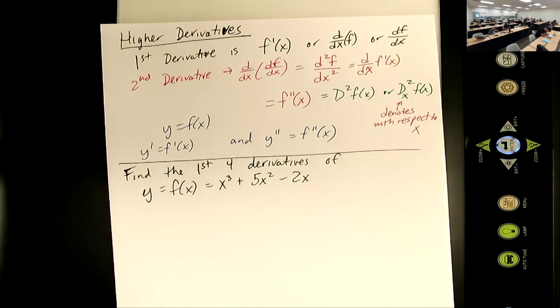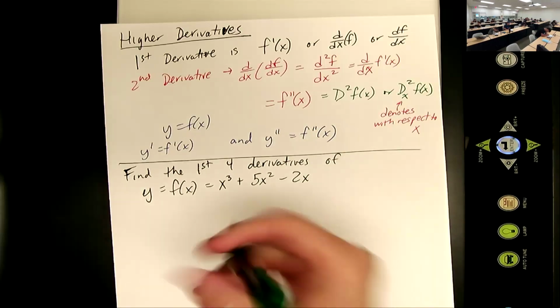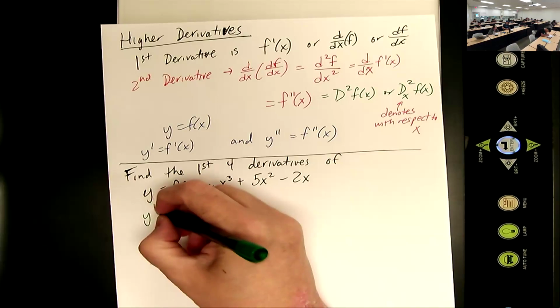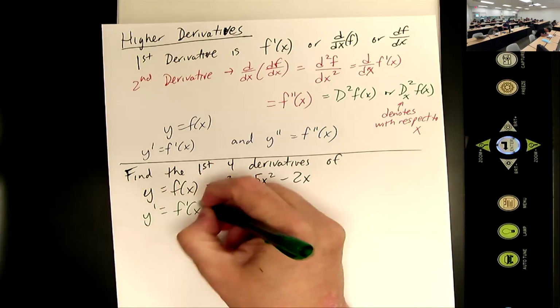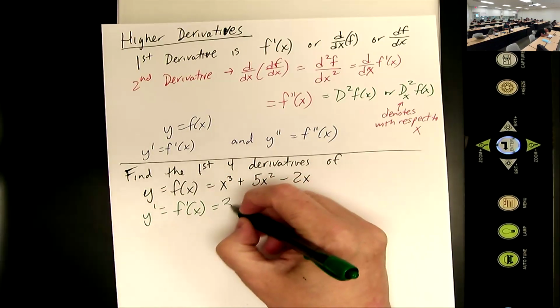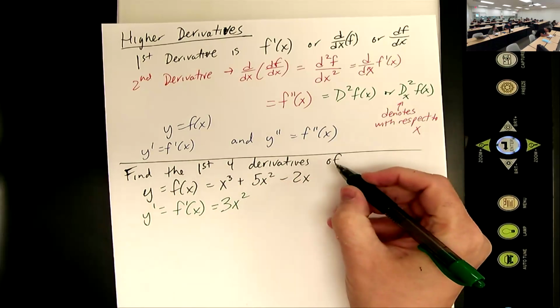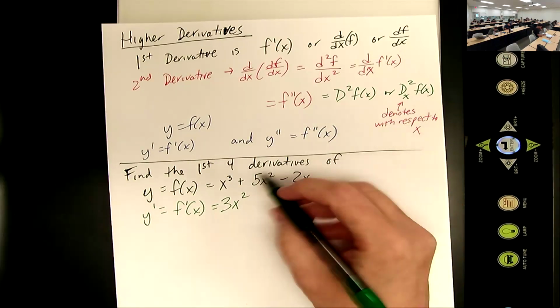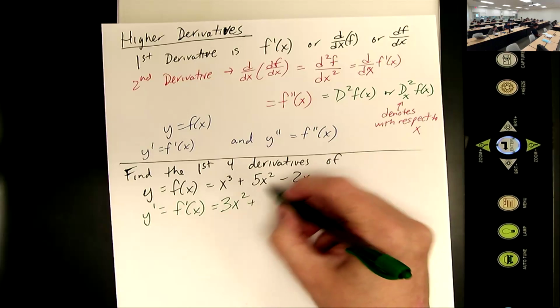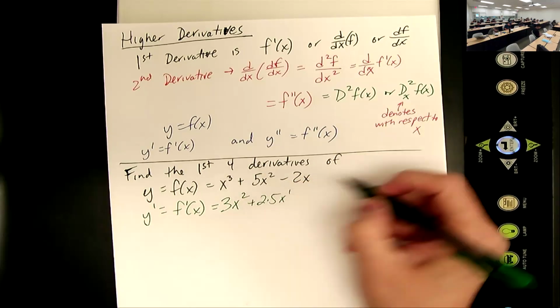So we do the first derivative, y prime equals f prime of x. Remember, we bring the power down, we lower it by 1. Bring the power down, lower it by 1.